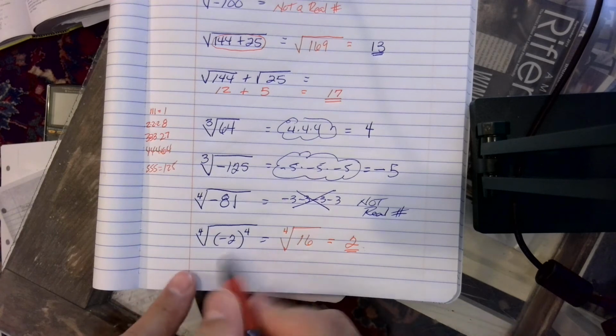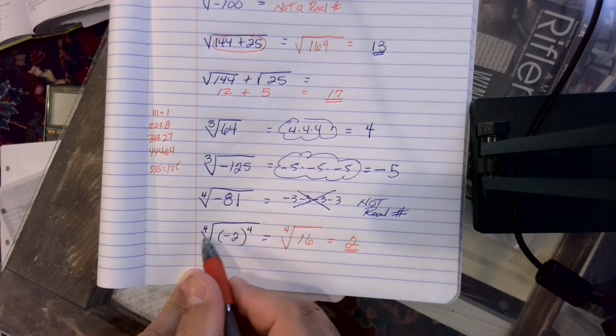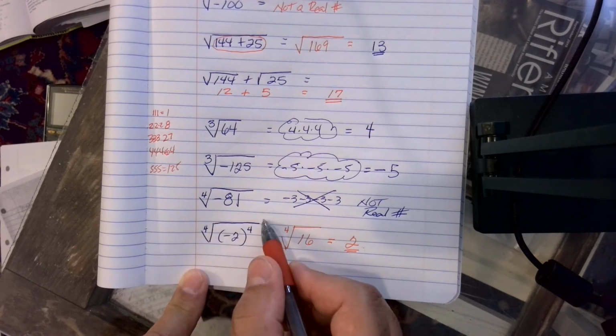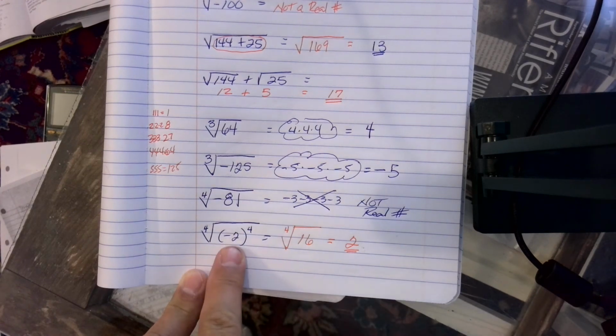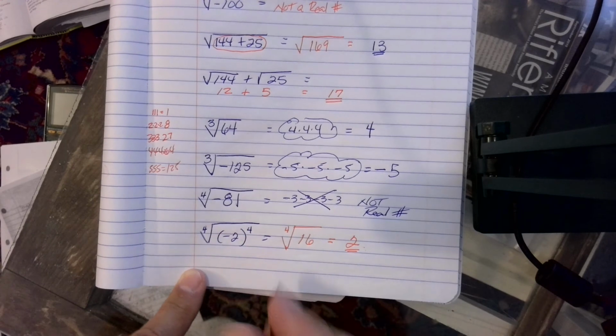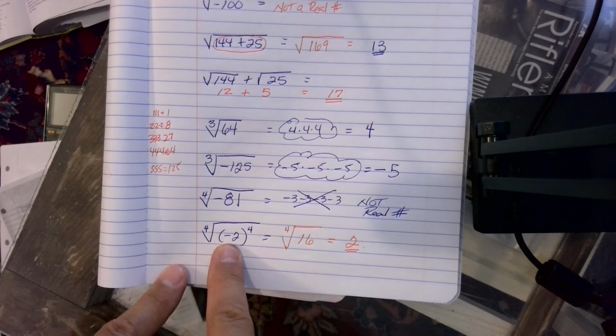So really what we could do when we have the fourth root of something to the fourth like this, anytime it's even, we could cancel these out, right? And we would get the absolute value. It would always be positive because it's a fourth root. So they write this as the absolute value of the radicand.